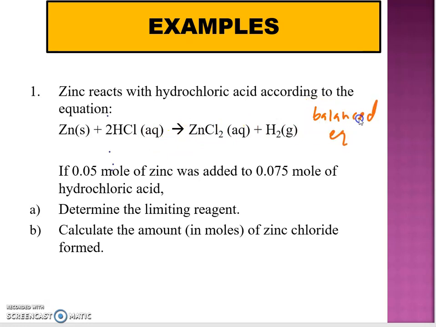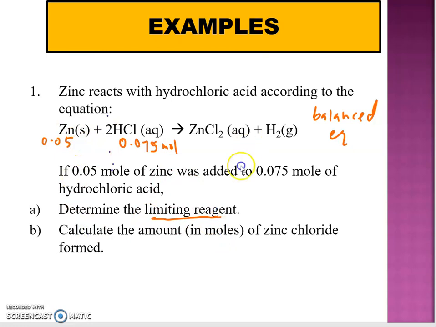Kalau tak balance, biasanya you kena balancekan dulu. Okay, so dalam case ni, it is a balanced equation. And then dia kata, if 0.05 mole zinc is added to 0.075 mole of hydrochloric acid.